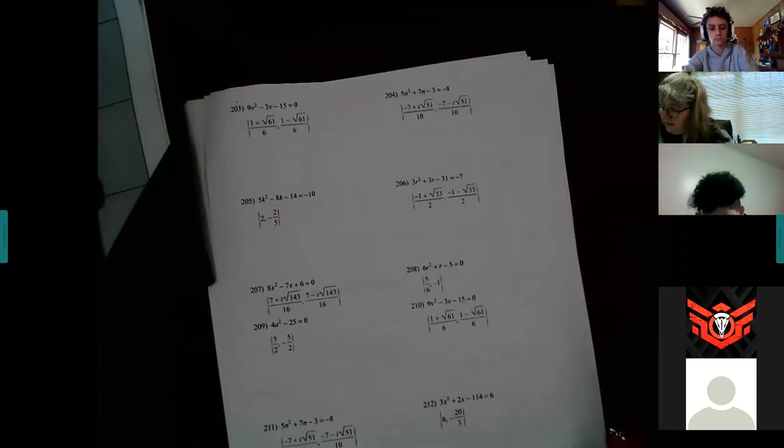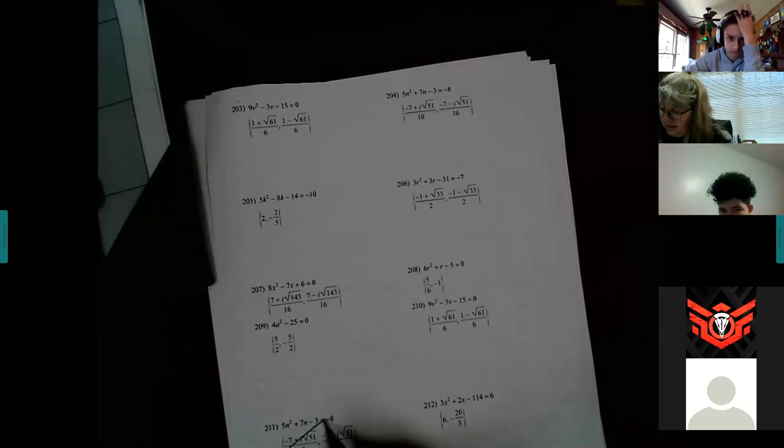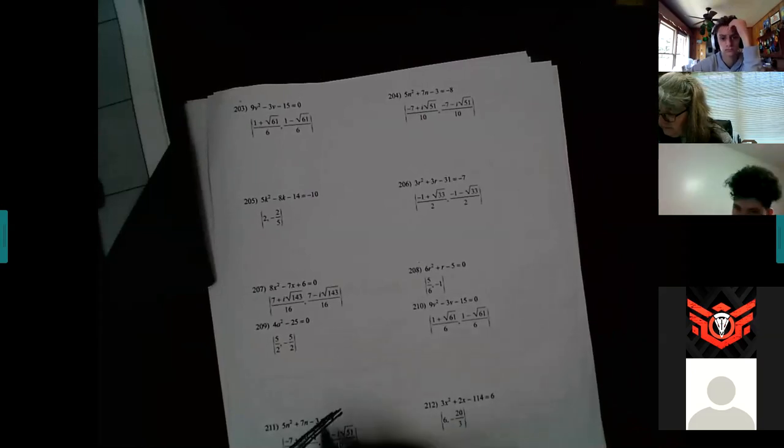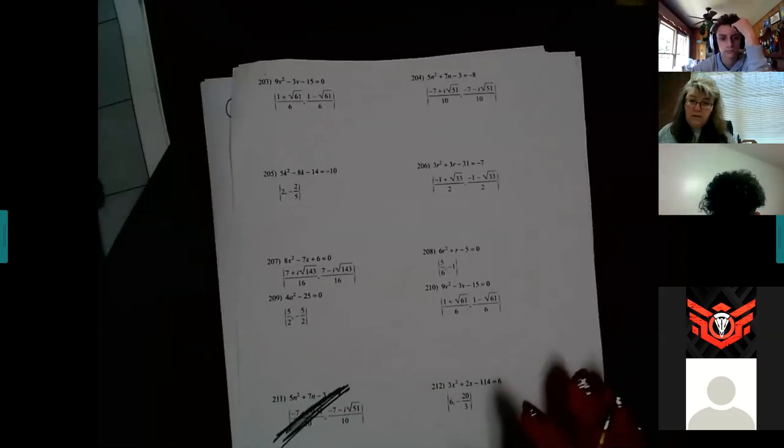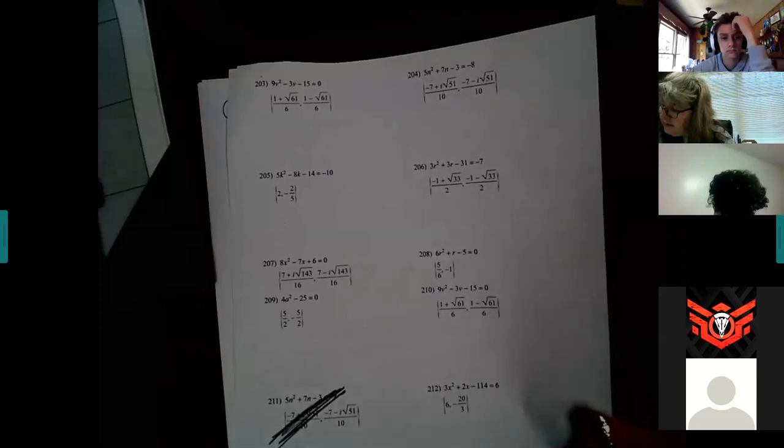Mark out 211, y'all. Oh no, 211. Mark out 211. Then let me see what other ones have duplicates. Mark out 224. Mark out 223. 210 is a duplicate of 203. Mark out 210.